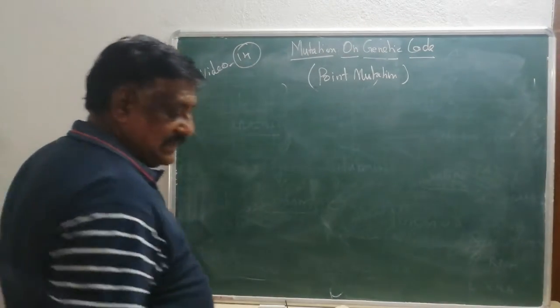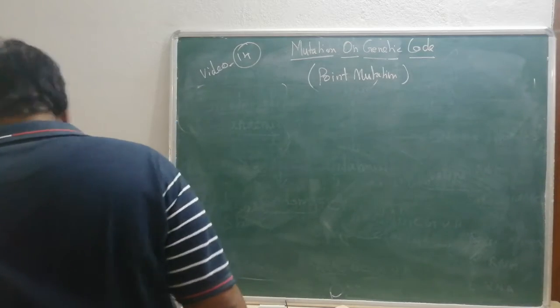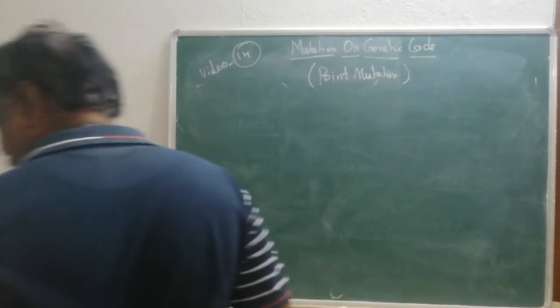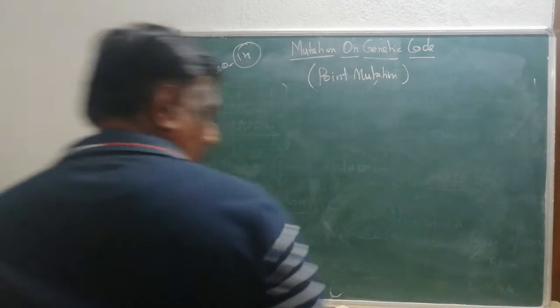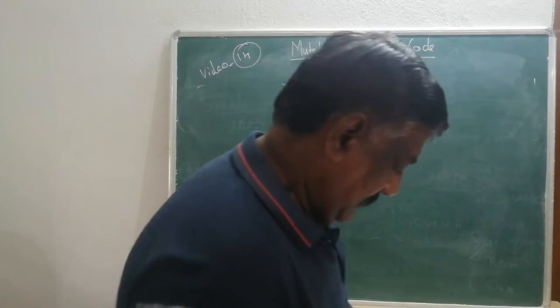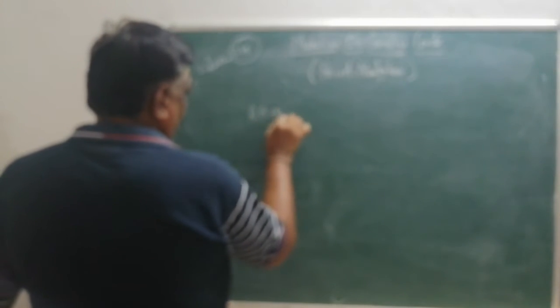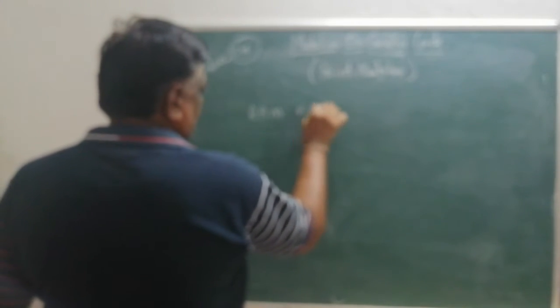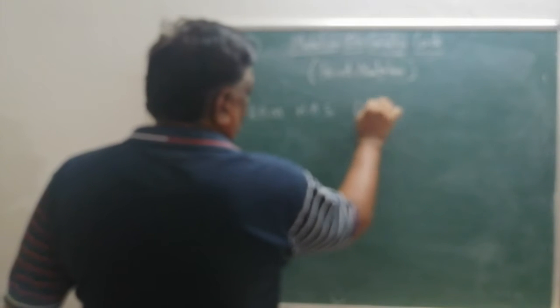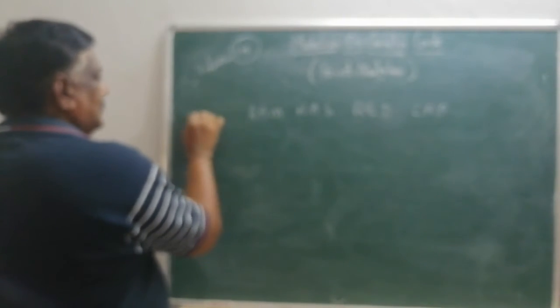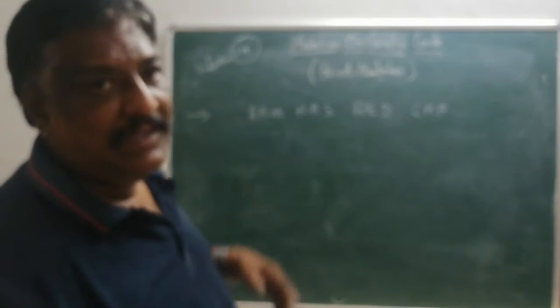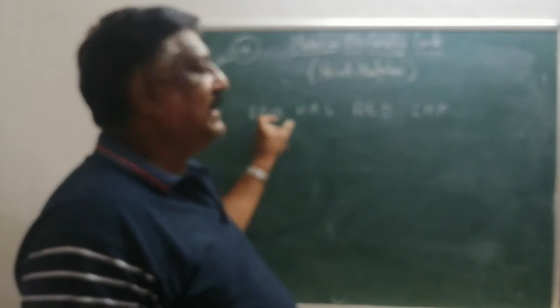Say there is a sentence given in the book: Ram has a red cat. They have taken this just to make you understand. Instead of codes, they have taken three alphabets with some meaning.